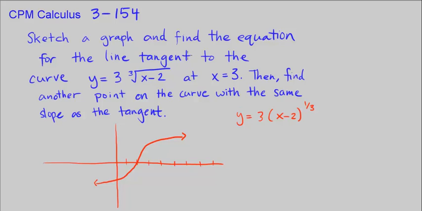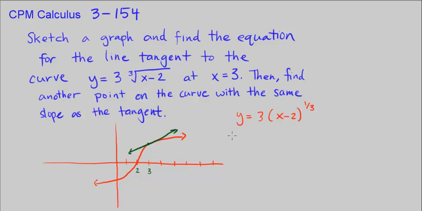Now find the equation for the line tangent to the curve at x equals 3. Here is x equals 2, here's x equals 3. We want to find the equation of this tangent line.